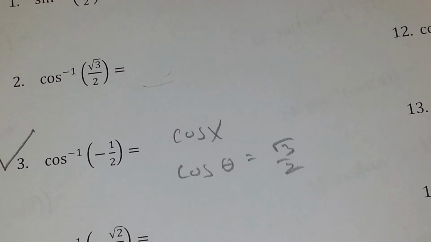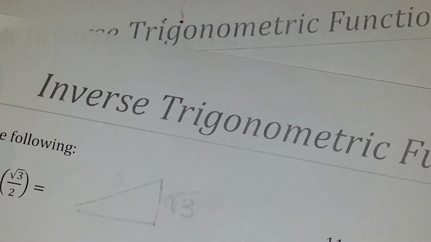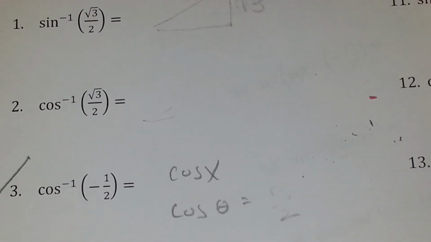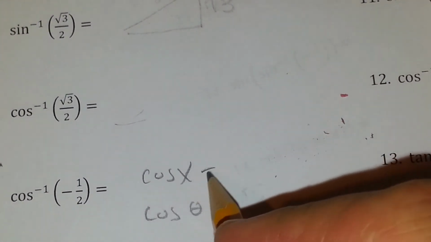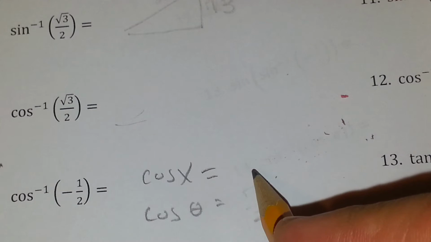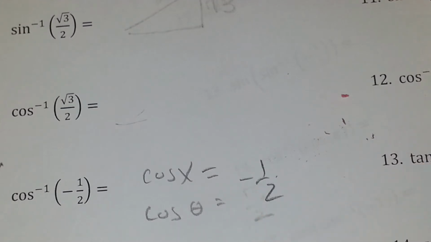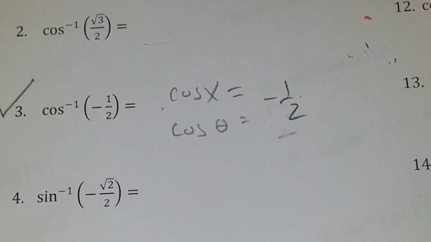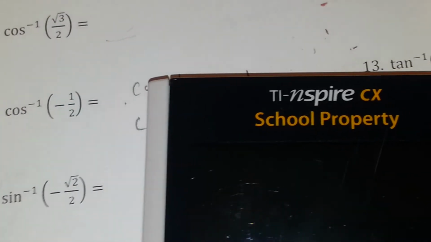Or let's do negative 1/2, I'm sorry. If cosine of some angle x or theta equals negative 1/2, how do I find that? I go inverse cosine of negative 1/2, and that gets me theta. I think that should be negative 60 degrees.